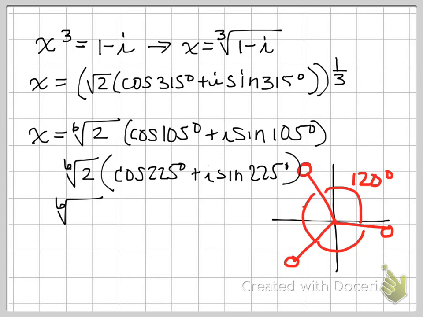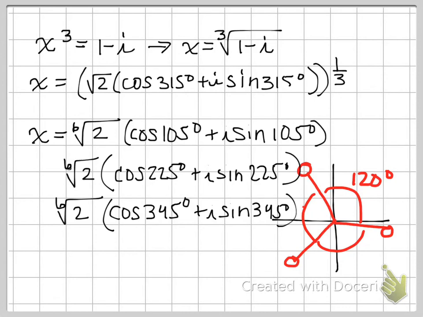Okay, and then another 6th root of 2, and add another 120 degrees. Cosine, is it 345? Yeah? Plus i sine 345. And there are my 3 roots of unity, which is just to say there are my 3 solutions.